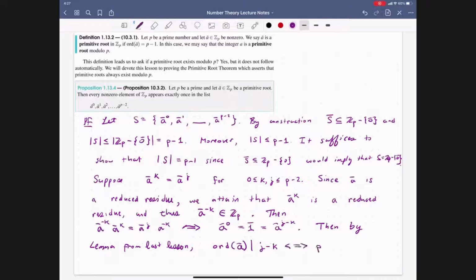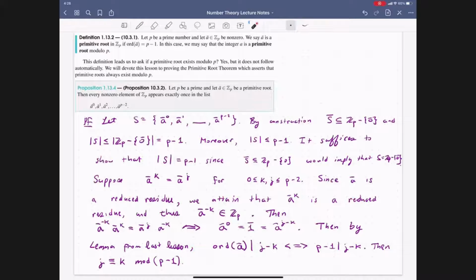So we have p minus 1 divides j minus k. And so we have this here. But now, if that's the case, that means that j is congruent to k modulo p minus 1. So we have this congruence over here.